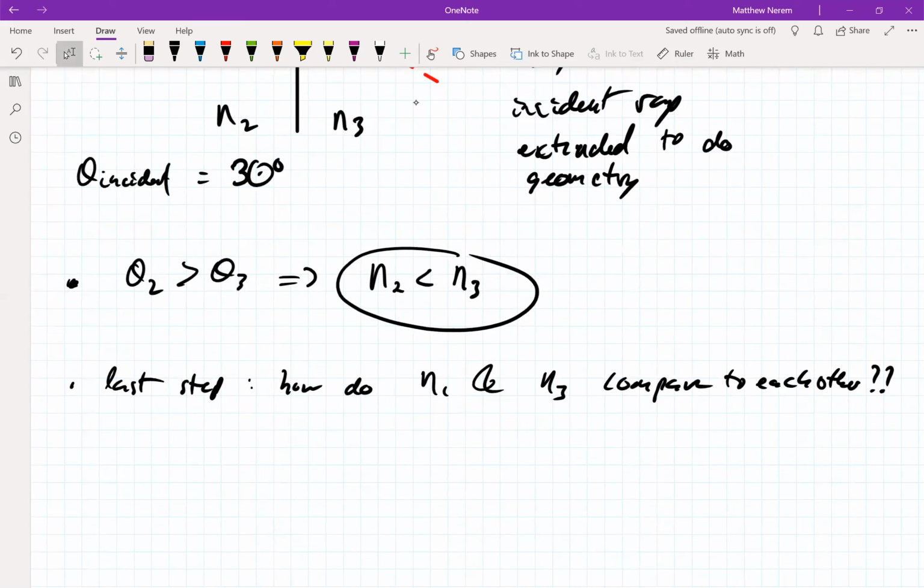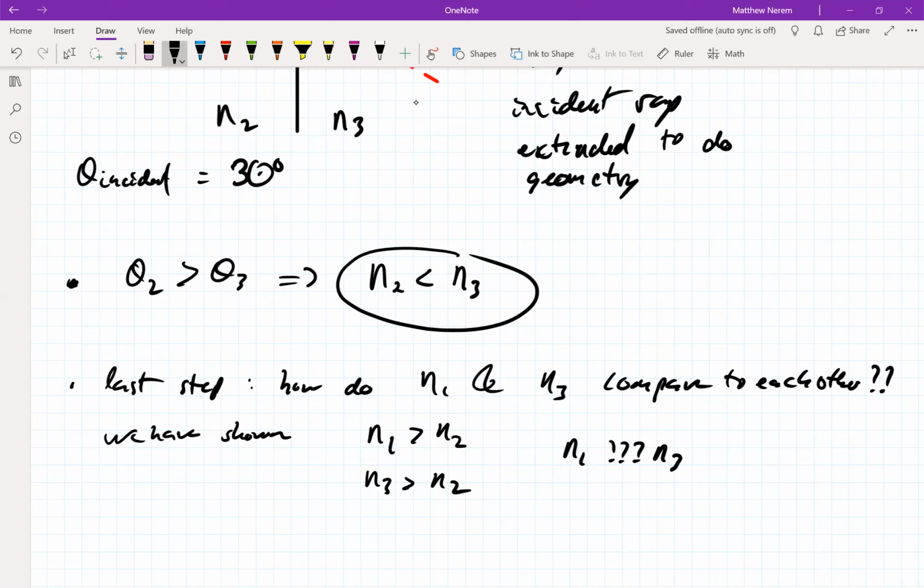So all we've shown so far is that n1 is greater than n2, and n3 is also greater than n2. So how do we get how n1 and n3 compare to each other?